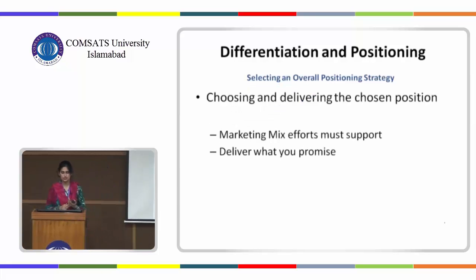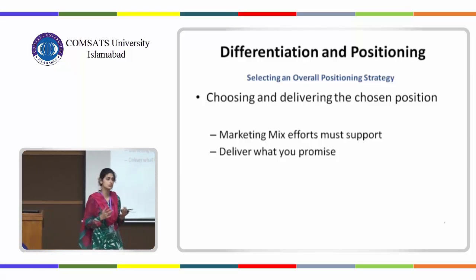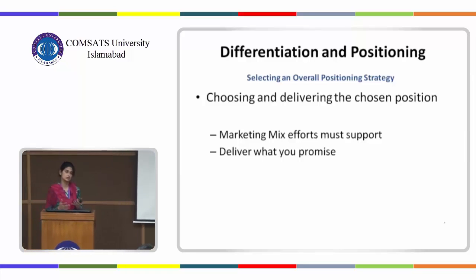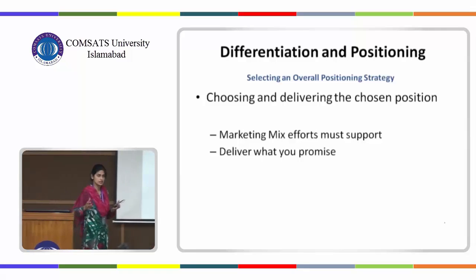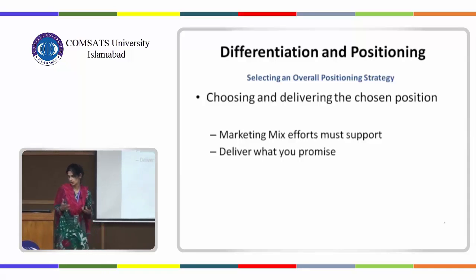Then the next one is choosing and delivering the chosen position. So you've chosen a value proposition, you've chosen a differentiation. Now it's a good idea to tell the people what you've done, right? So you do all this because you need to communicate it to your end customer, and that's what we're going to do in the last step. We're going to use our marketing mix to communicate what we are differentiating ourselves on.